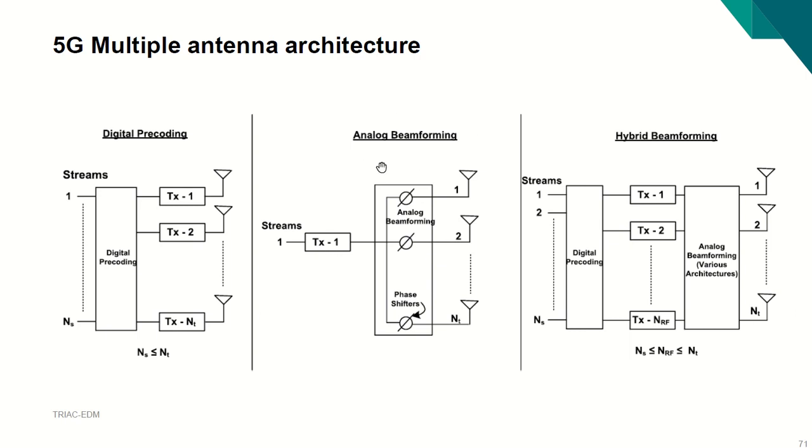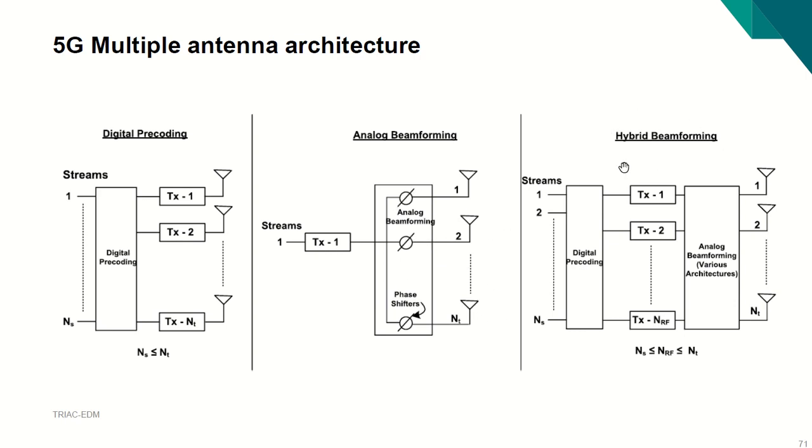In the analog beamformer, the streams come in and then the analog beamformer does the amplitude and phase shift. Normally, people would do phase shift in most cases, but in some cases, people do amplitude also. That also tunes the signal before it gets transmitted.